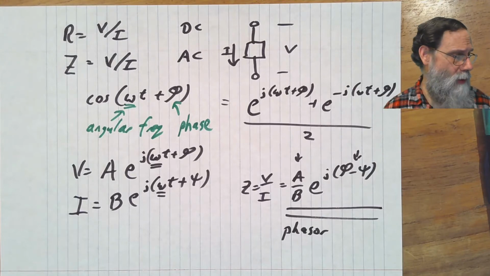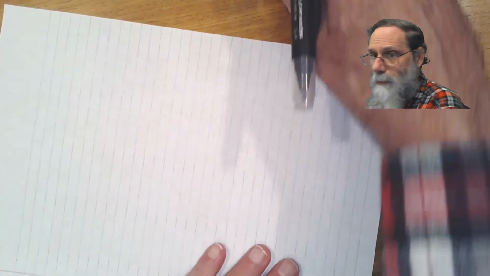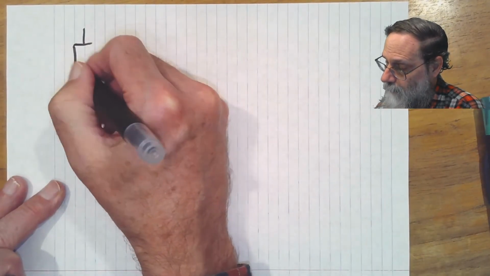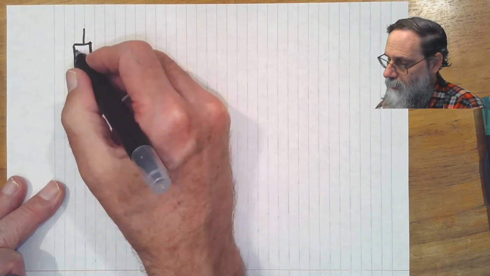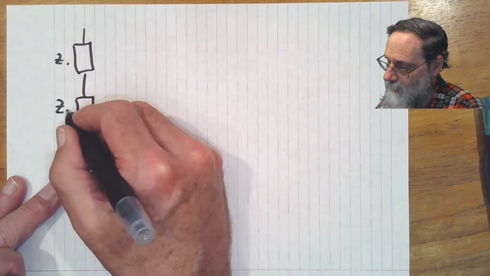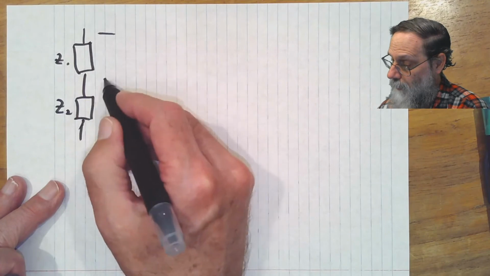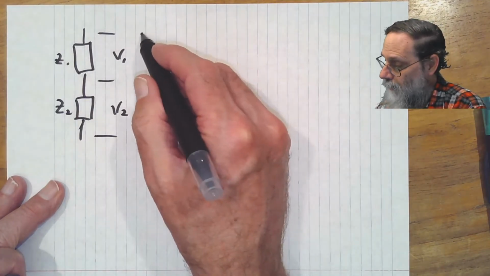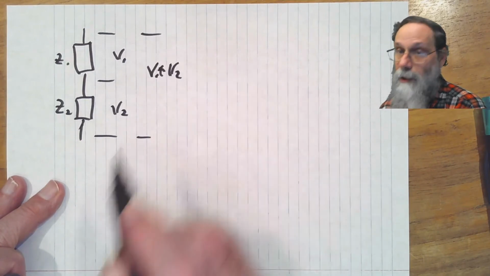We can look at what happens to impedances in series or in parallel, because we're often going to be hooking up our components in series or parallel, and it'd be nice to know what happens with them. So if we have two impedances in series, let's say Z1 and Z2, what happens for the voltages? The voltage across one is V1, the voltage across the other is V2, and the voltage across the entire stack is V1 plus V2.